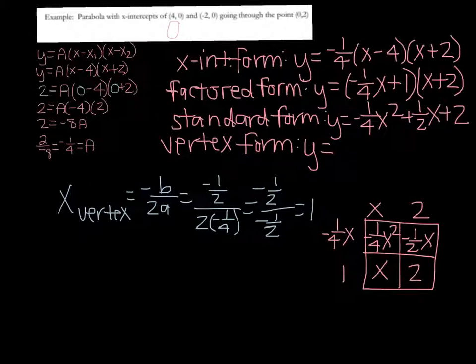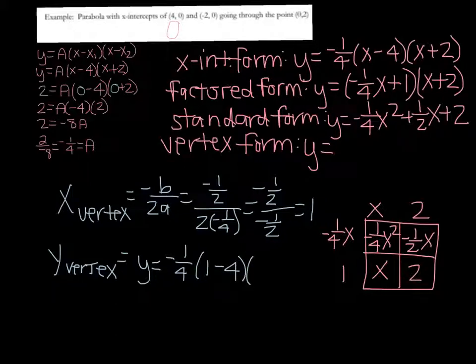Plugging that back into any of the forms, we can get the y-coordinate of the vertex. Let's just do the first one again, x-intercept form. So we get y is equal to negative 1/4 times (1 minus 4), and then (1 plus 2). y is equal to negative 1/4, and then we're going to get a negative 3 and a positive 3.